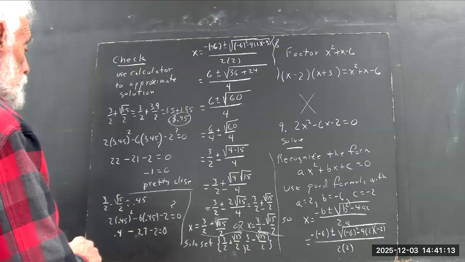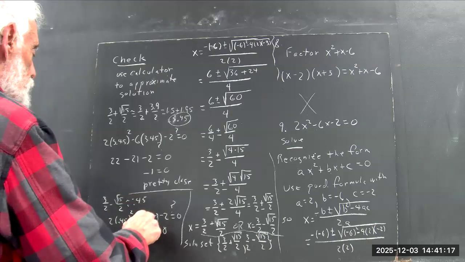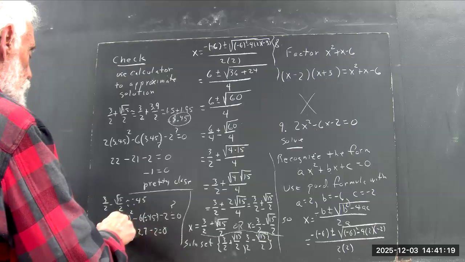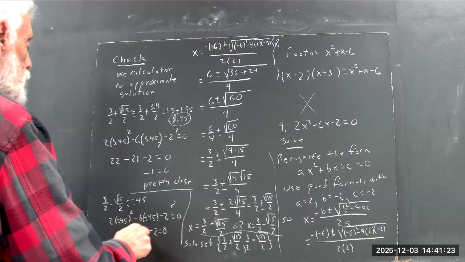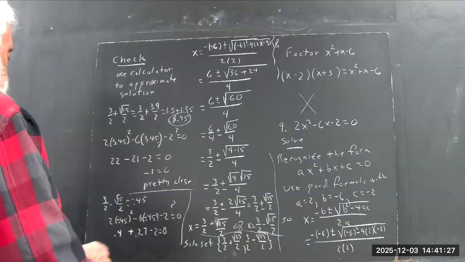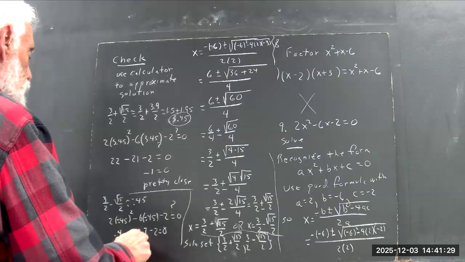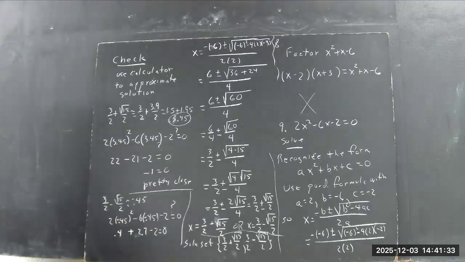And something's wrong. It should have been negative 0.45, so I'd have a negative in this one. The negative in this one would still give me 0.4 to be squared, but that would make this term positive. And when I add these up, I get 3.1 minus 2.